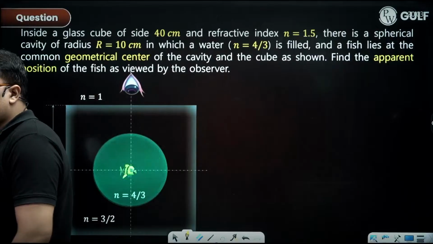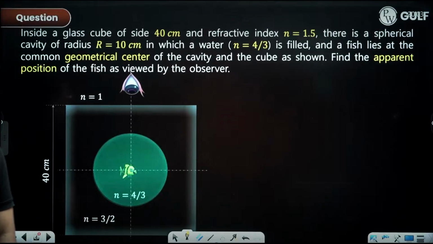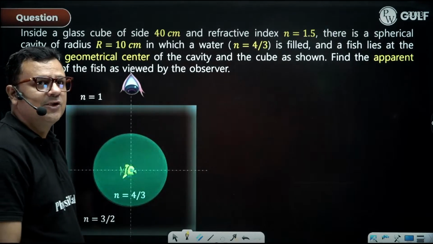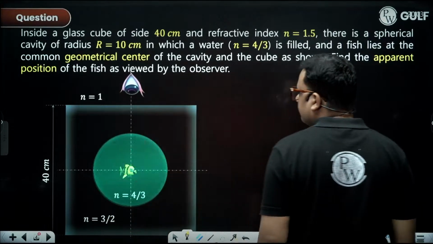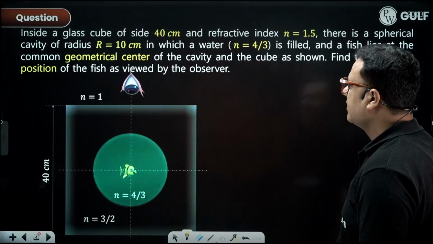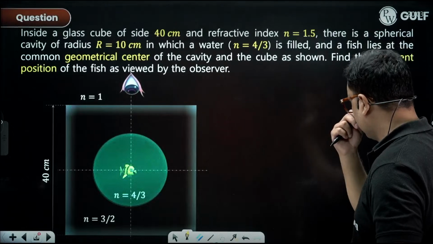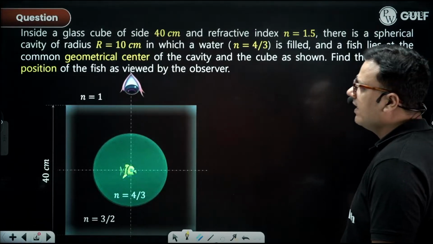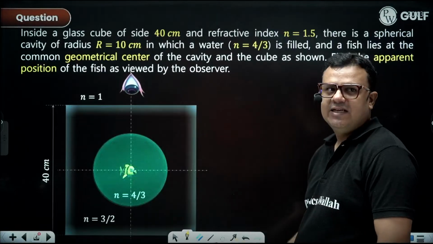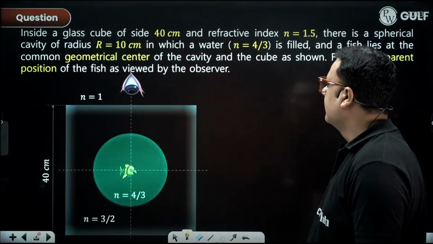This is your question. Inside a glass cube, side 40 centimeter, refractive index 1.5, there is a spherical cavity of radius 10 centimeter.